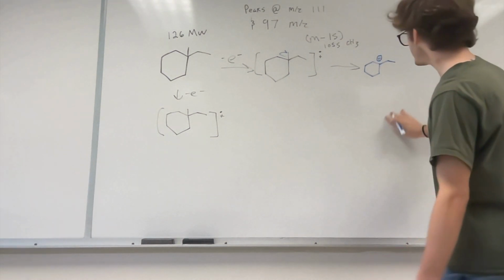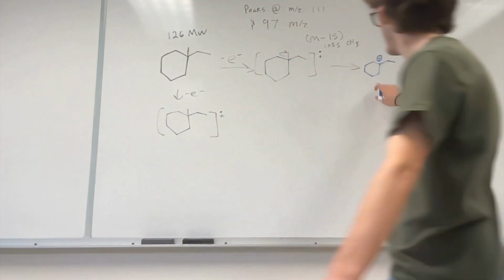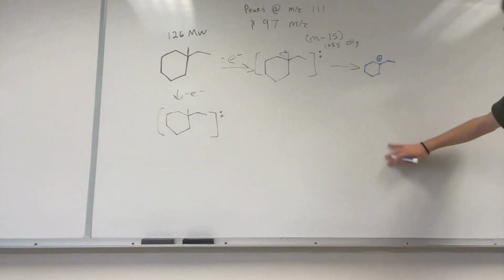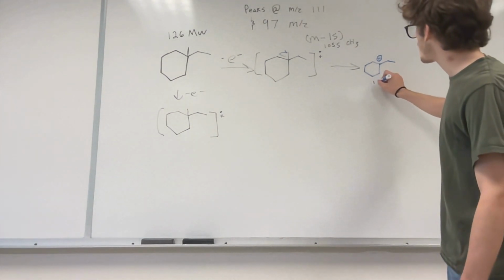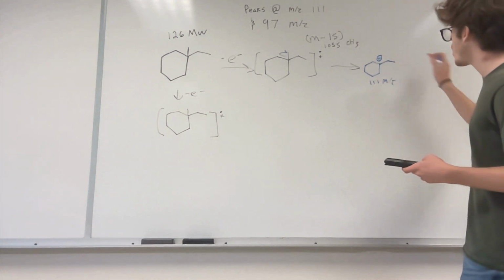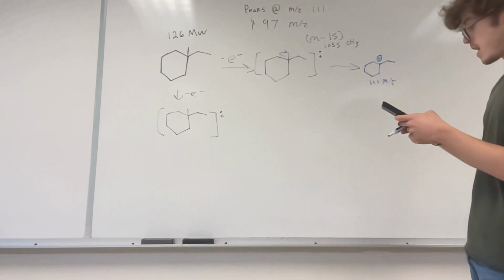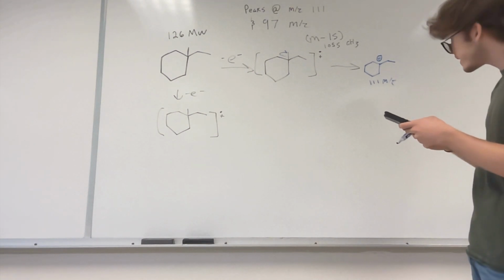Right, so we get this thing, and this thing is going to pass through the detector and be measured at 111 m over z, because if we add up all the carbons here, we have 6 there, 2 there, that's going to give us 8 carbons.